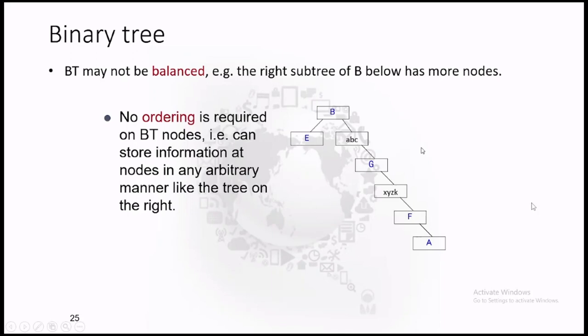It has to have some patterns. You cannot simply say, okay, I like to put this one on the right side, then the next one also on the right side. No, it has its own patterns. But how do you come up with the patterns? It actually depends on the data or how you want to arrange your data in the tree itself.